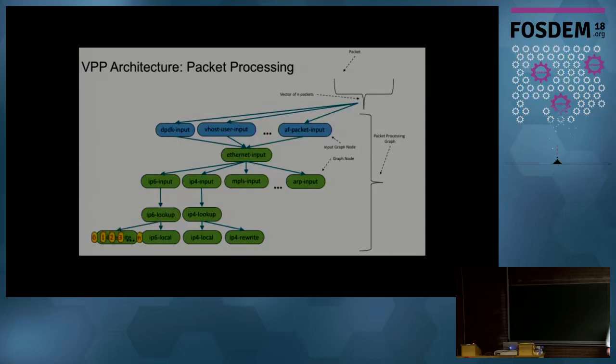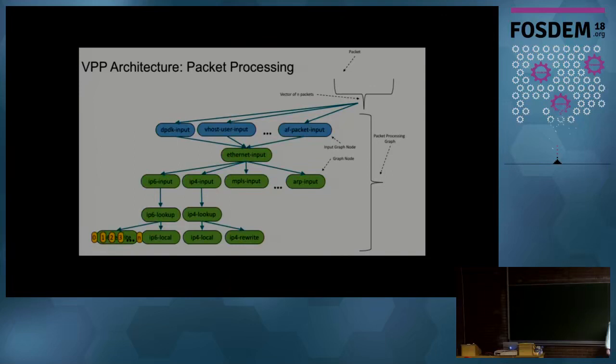Because we always process a vector, let's assume we are in this node called IPv6 rewrite. When packet 0 is being processed, probably the code won't be in the cache, because before that the CPU was executing IPv6 lookup, and before that it was executing IPv6 input.